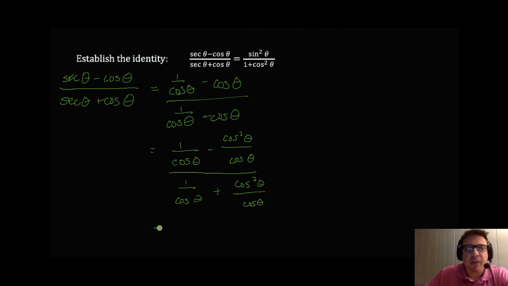Let's rewrite all of this as one fraction divided by another fraction. So I'm going to get 1 minus cosine squared theta divided by cosine theta, all of which then is 1 plus cosine theta, and that part is divided by cosine theta.